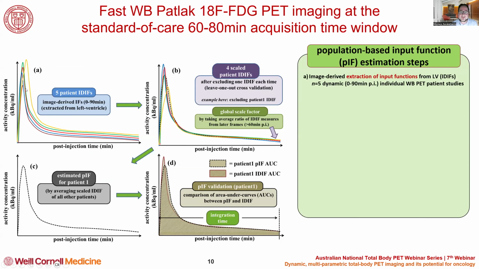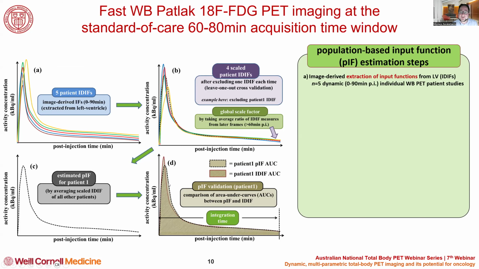And here is the way we propose constructing our population model for our input function, for our tracer concentration in the blood. This can be done by obtaining multiple image-derived input functions from multiple patients, then correcting for time delay to align their peaks, and then make sure we scale them to match their tails, and then average out to obtain a single model of the input function, which we can then scale prospectively to any new case that we have to scan based on the later acquisition of the data after 60 minutes.